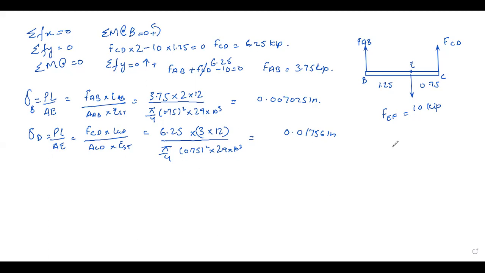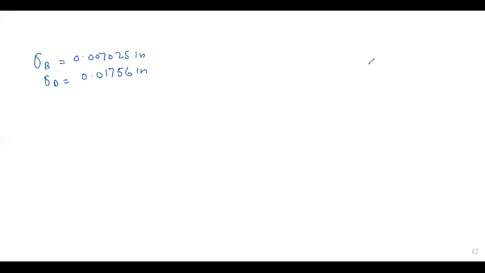I'll make a new figure and then I'll show you how it looks. So now we have to make a new figure just to understand the concept. I just noted down the value of deflection at B and deflection at D.